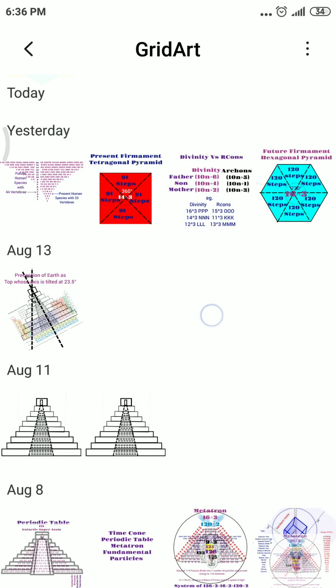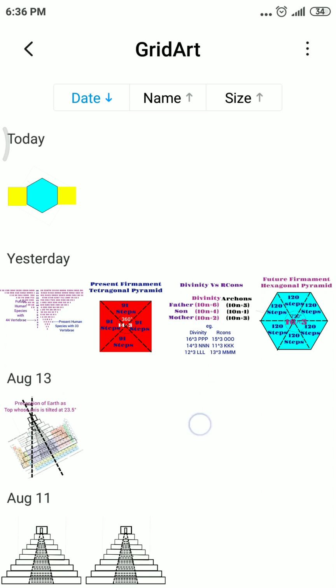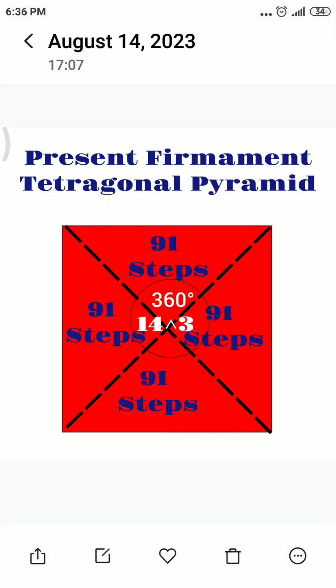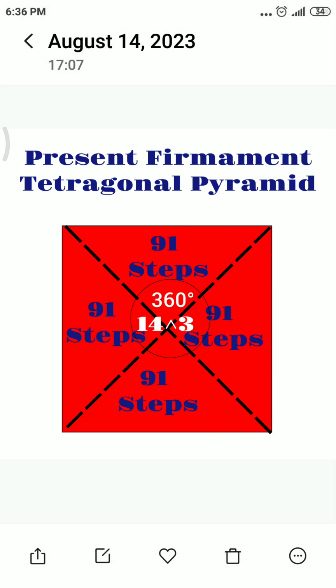So now let's see how 120 should look. This is the top view of the pyramid, with 91 steps on each side, that is 13 into 7. But if you take 13 into 9, right, 117 steps on each side.